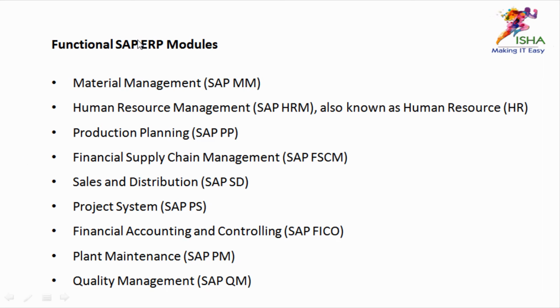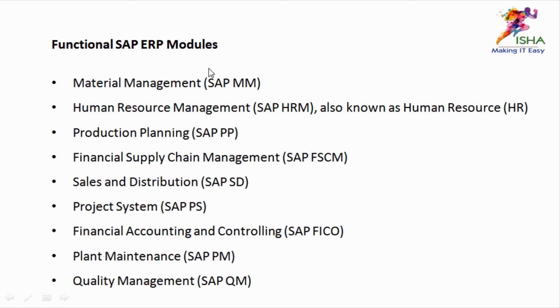I'll take a few transaction codes of this module, explain them and give you the flow. But the whole SAP ERP can be divided into multiple modules, as you can see here: material management, the HR module, PP production planning, financial supply chain management, SD sales and distribution, PS project system, FICO financial accounting and controlling, PM plant maintenance, and QM quality management.